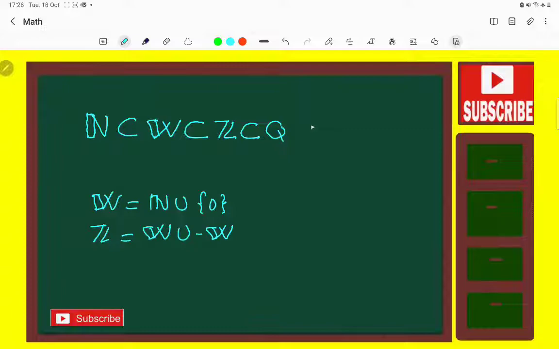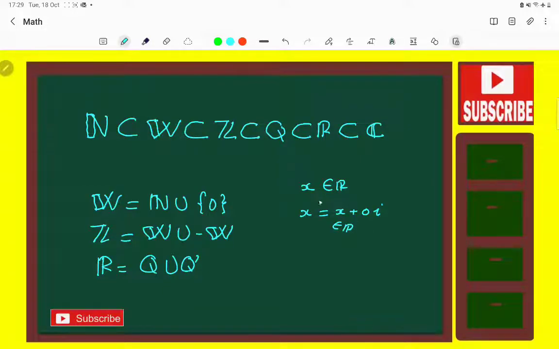Also, rational numbers are real numbers, and this is from the definition of the real set, which is the union between Q and Q prime. And finally, all real numbers are complex numbers, because if x is a real number, I can rewrite x as x plus 0i, where x is in the real set by definition and 0 is a real number, so x is a complex number.